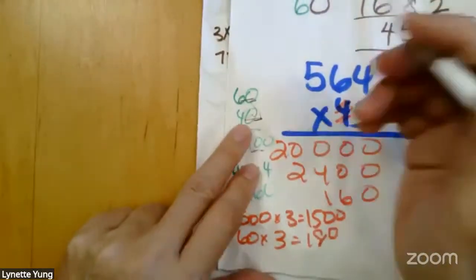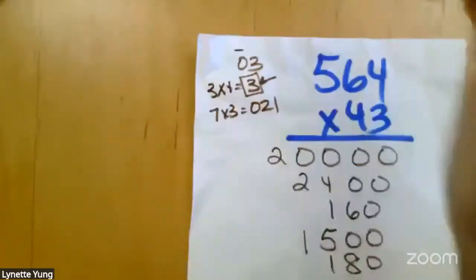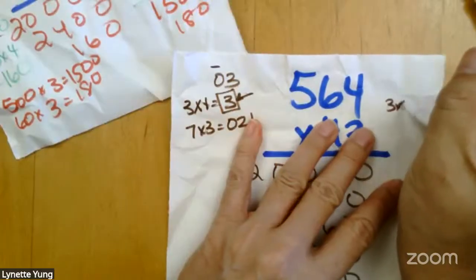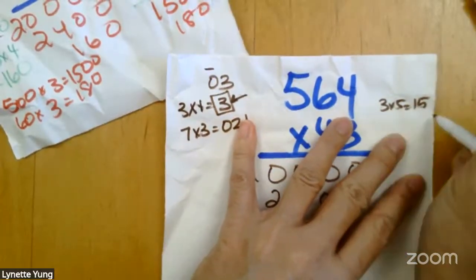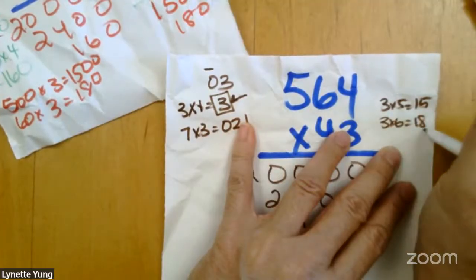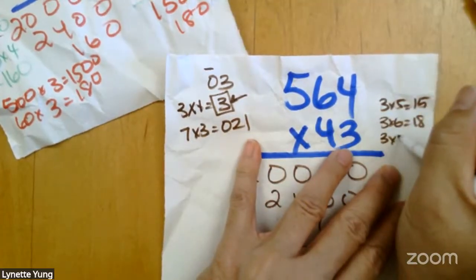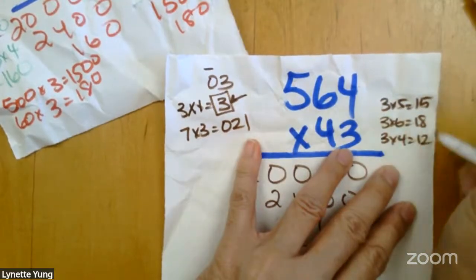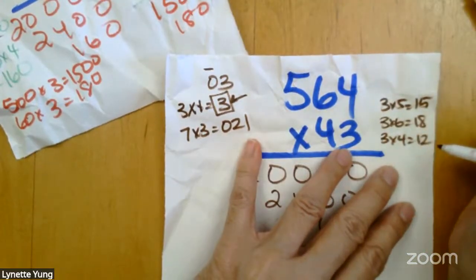Because if you noticed, 3 times 5 is 15. That's a double digit. 3 times 6 is 18. That's a double digit. 3 times 4 is 12. Still double digit. There is no leading zeros here.